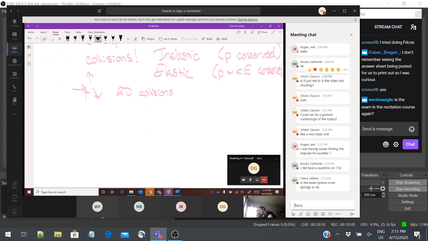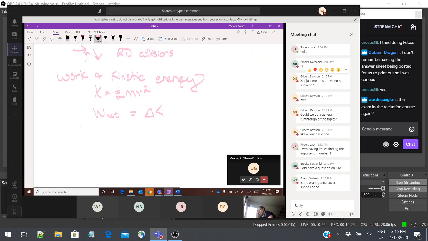And then there's also work and kinetic energy, which is this idea of K being 1/2 mv squared, and your net work done by all the forces is the change in kinetic energy for your object.